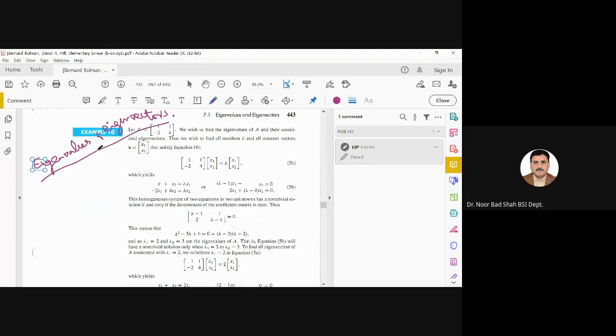Let's suppose we have a square matrix. The first thing is a matrix must be square, M cross M or N cross N matrix.